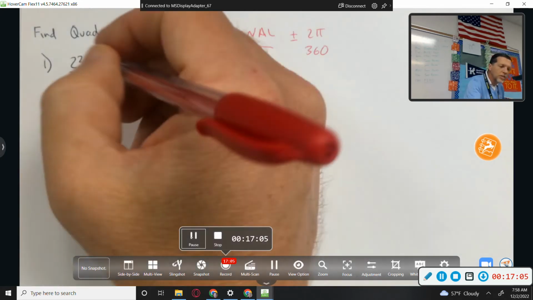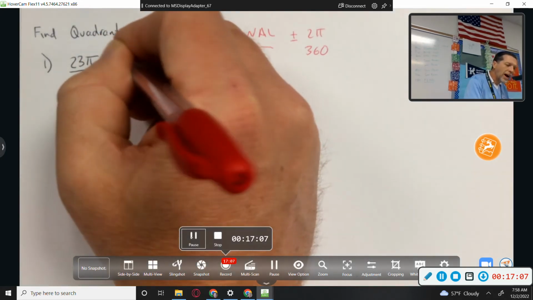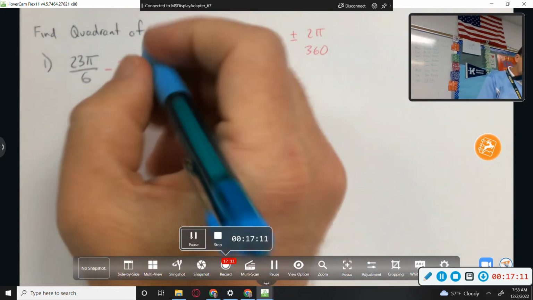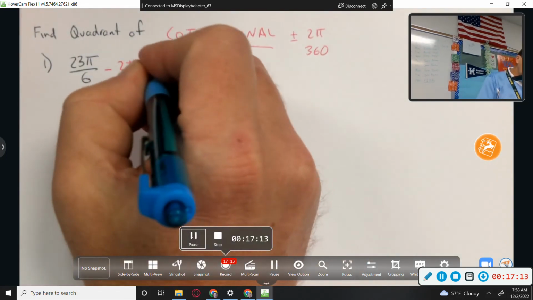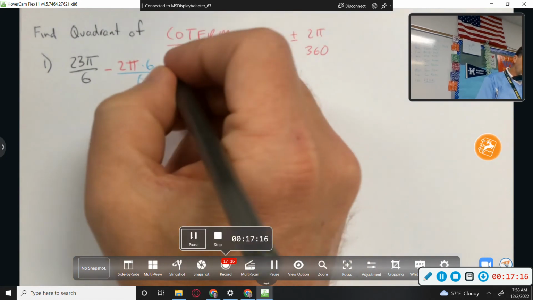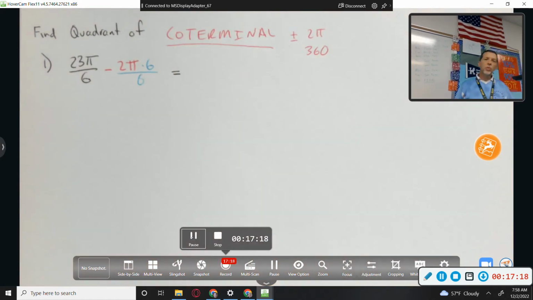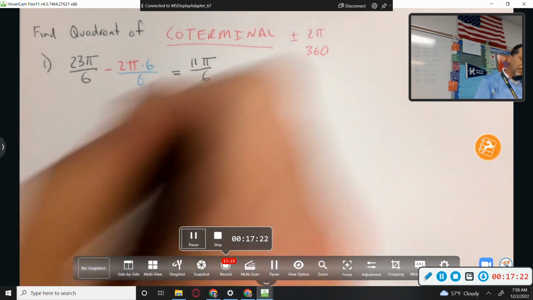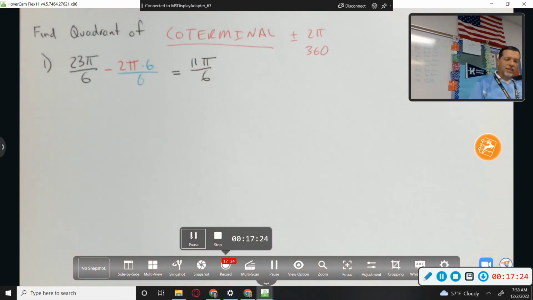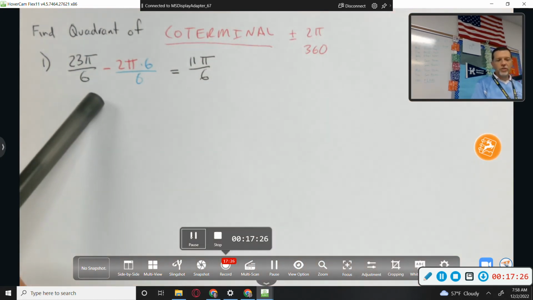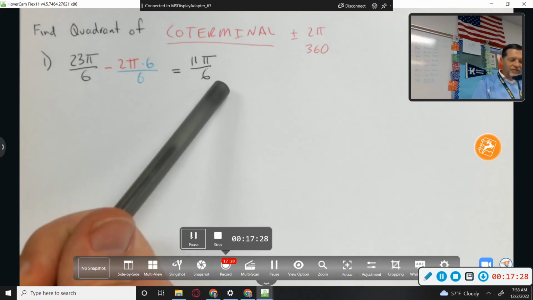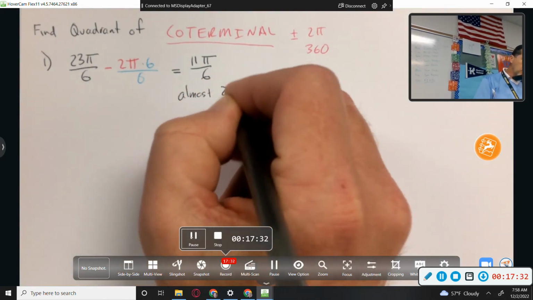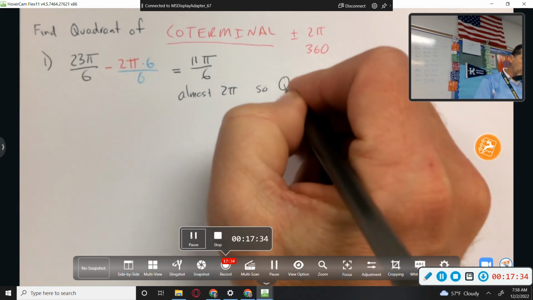So let's subtract 2 pi. Of course, we have to have a common denominator. So if we subtract 12 over 6, we get 11 over 6, and that is on the unit circle too. 11 over 6 is easy to find on the unit circle. It's almost 2 pi, so that's quadrant 4.